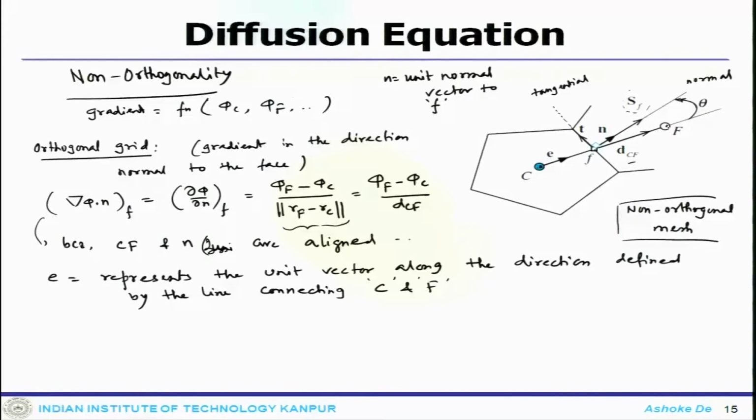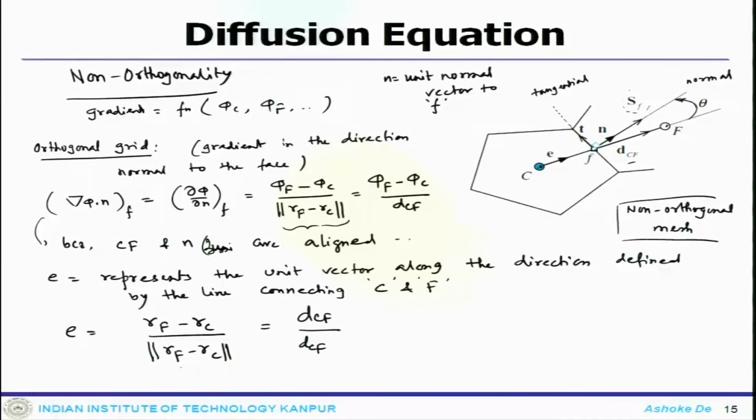So, E actually represents the unit vector. Once we do that, we can define E. E would be Rf minus Rc, that is the difference between the radius vectors, which is d Cf, divided by small d Cf. Okay. So, that is what it is.